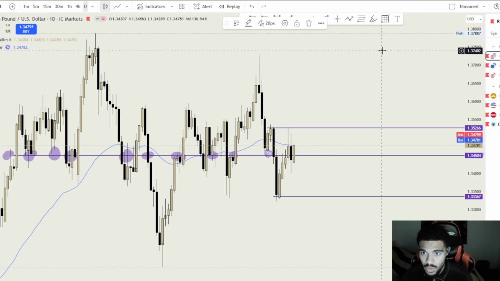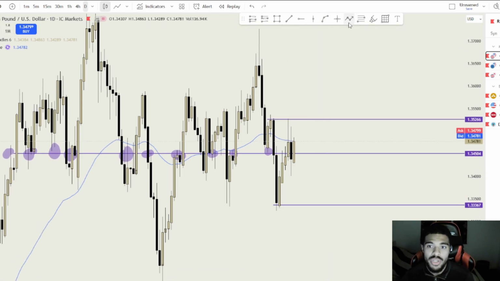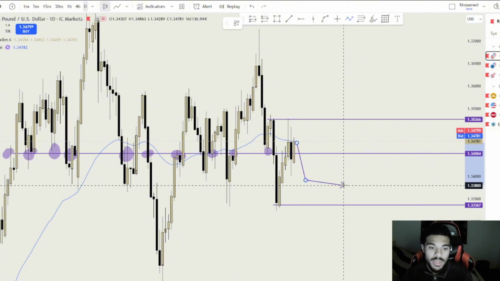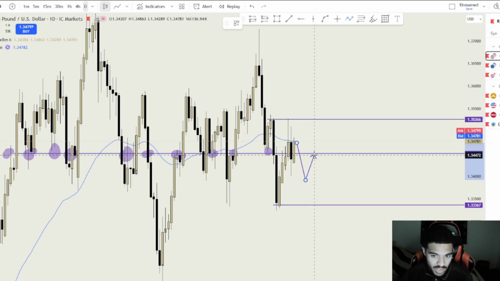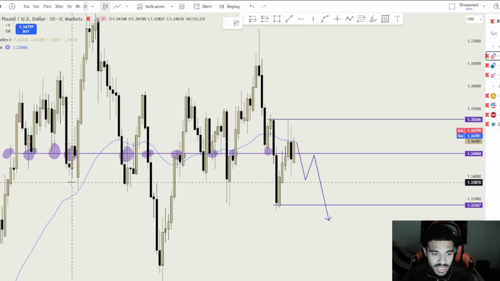So what I will now wait for come next week is for price to break below this level. If we break anywhere inside of this zone, which is the third section or the second section of the low, then I'll be looking for shorts, for it potentially to come back up to here and then continue to make its way down. But the only problem is there's clearly multiple rejections around here as well.